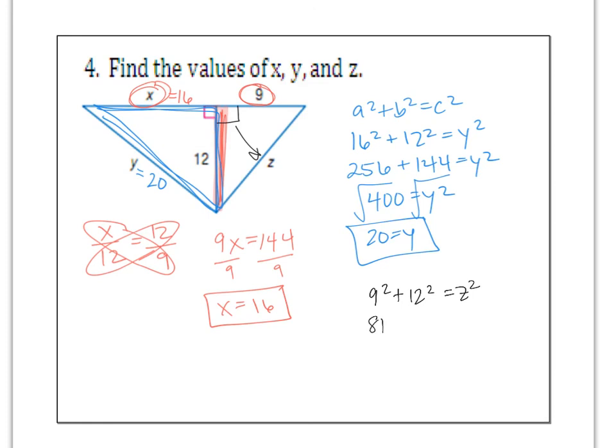So it's 81 plus 144 equals z squared, which I believe is 225 equals z squared. And if you practiced typing this in, the square root of 225 is a nice number. It is 15. So z is 15.